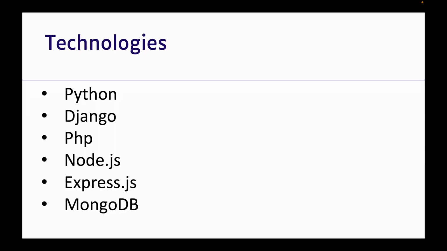Now, in technologies, what are the technologies you have to learn or you can learn? It's Python, Django. Okay, Django is actually a framework of Python. PHP, Node.js, Express.js, MongoDB. Okay, MongoDB is a database and it's a NoSQL database.